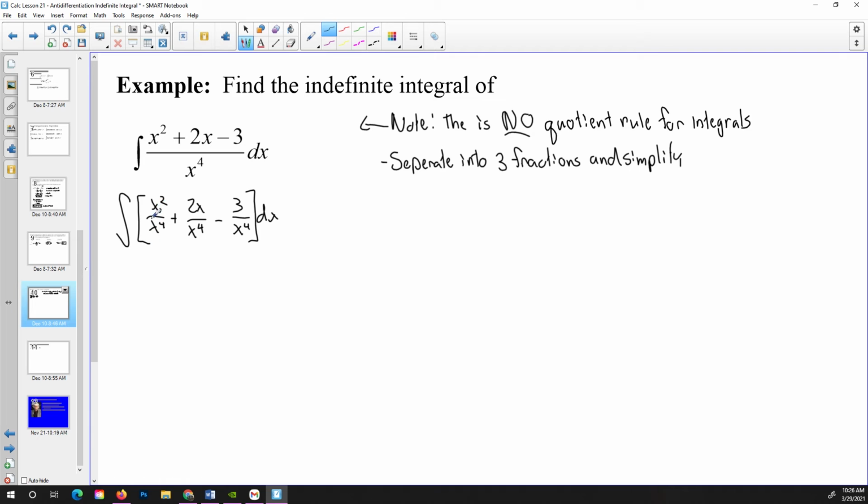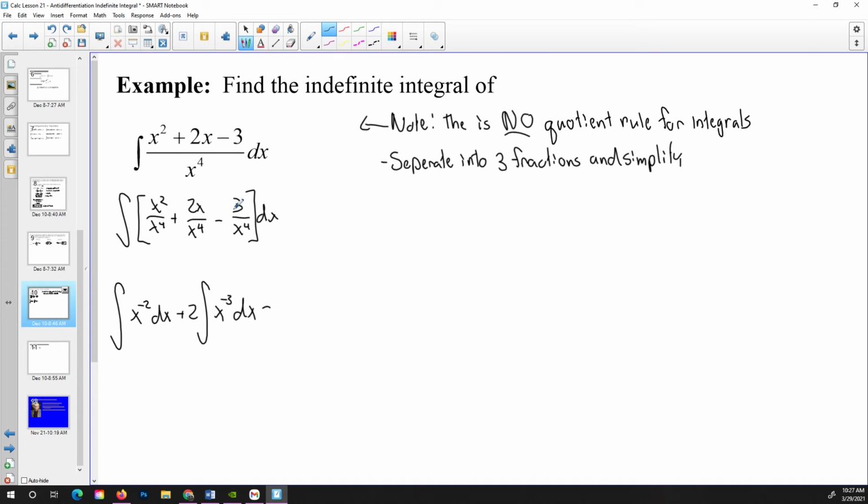So now I'm going to simplify each of these expressions and write them as separate integrals. We recall, if you have x squared over x to the 4th, we subtract those exponents, and that gives me the integral of x to the -2 dx. I'll bring the constant 2 out front, and x to the 1st over x to the 4th, 1 minus 4 gives me -3, so I'll have x to the -3rd dx.